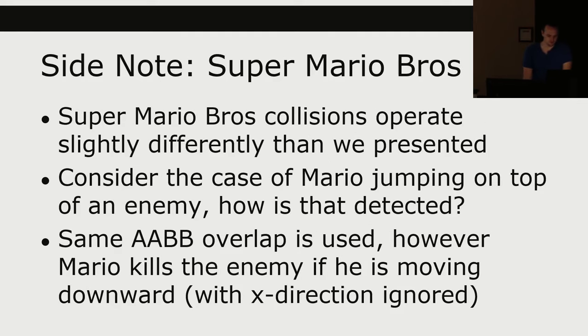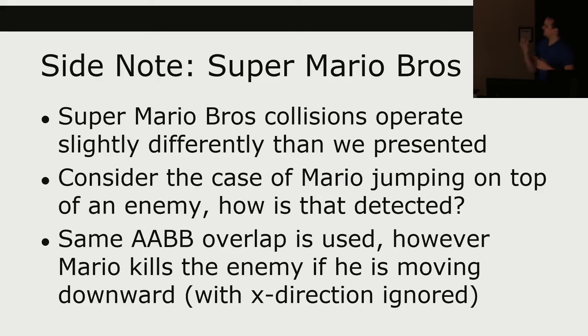A quick side note is that Super Mario Brothers collisions operate differently than what we presented. Let's detect, for example, if Mario is jumping on top of an enemy. So you may say, okay, if there's a collision in both the X and the Y, and it's landing on the top of the other entity and there was no previous overlap, then we would say it's now landing on top of the entity.